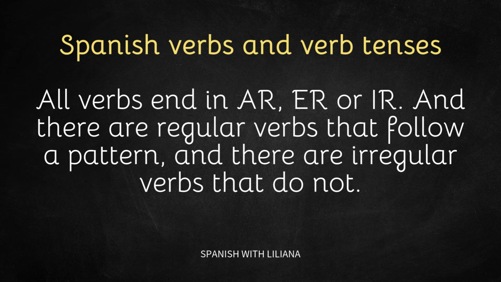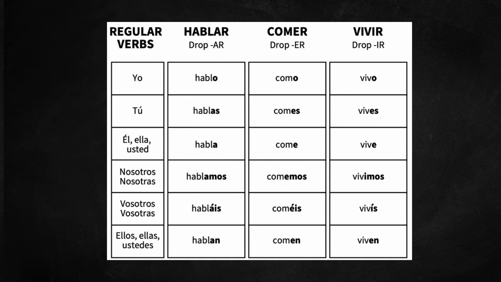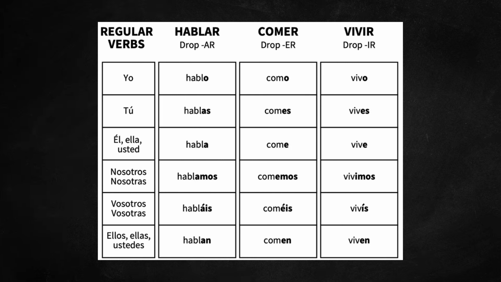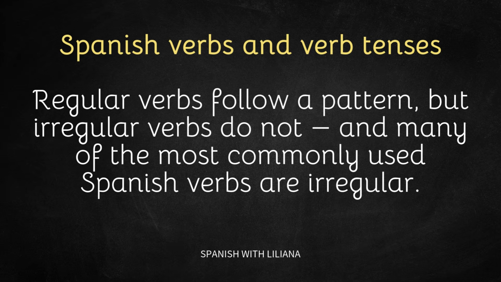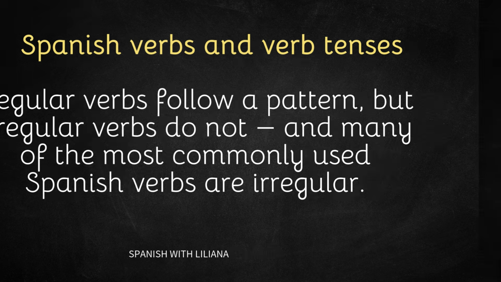And there are regular verbs that follow a pattern, and there are irregular verbs that do not. With regular verbs, we just drop the AR, ER, or IR endings, and they get replaced with something else. And here are a few examples on the screen. Regular verbs follow a pattern, but the really tough ones and a lot of the common verbs in Spanish are irregular, and they really just have to be memorized.